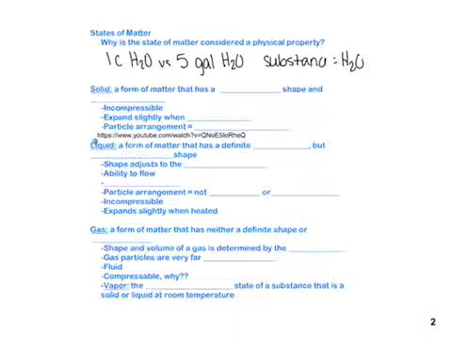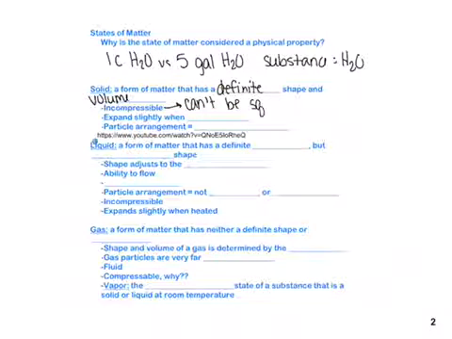A solid is a form of matter that has a definite shape as well as a definite volume. Solids are incompressible, meaning they cannot be squeezed. They can be squeezed, but they won't break.